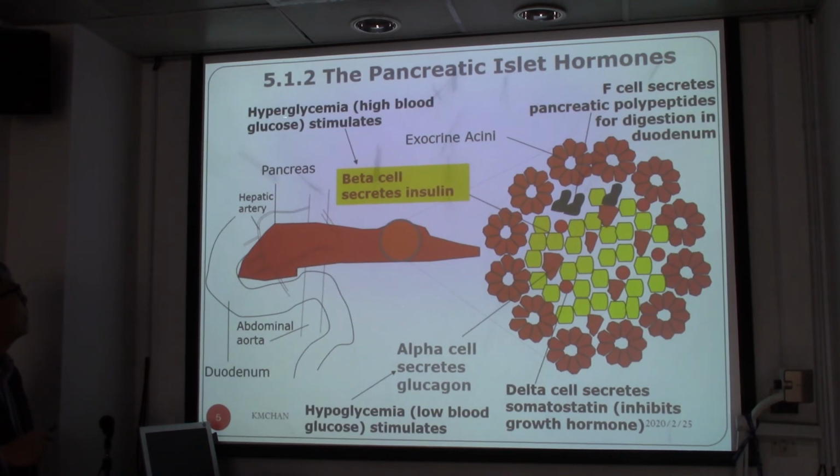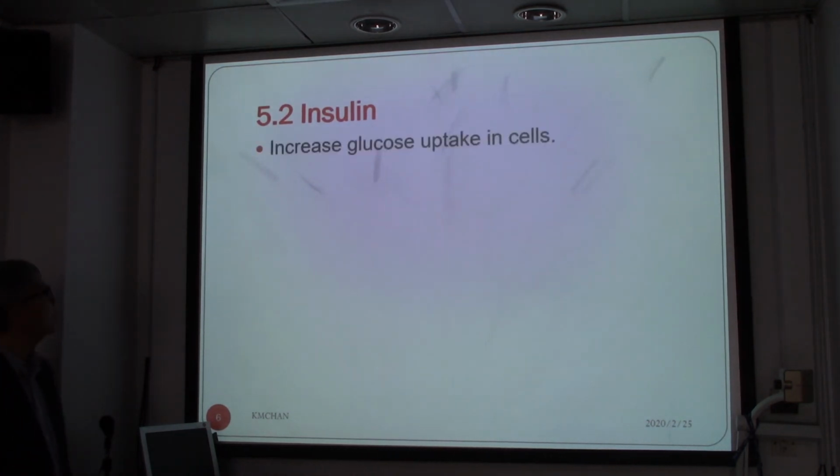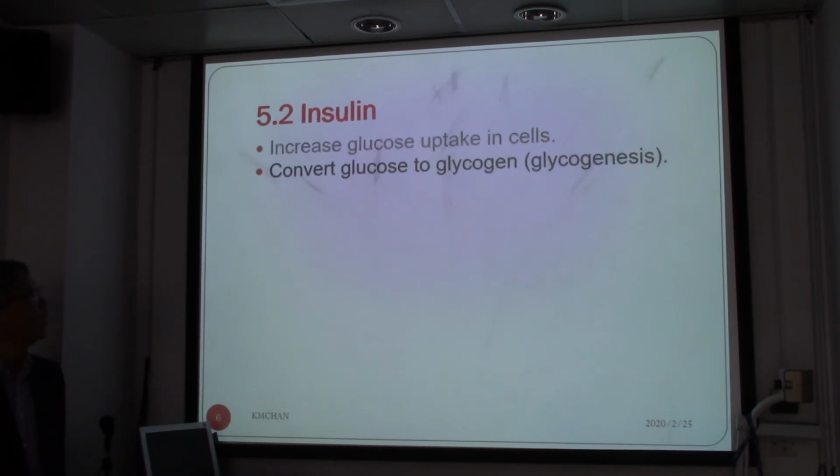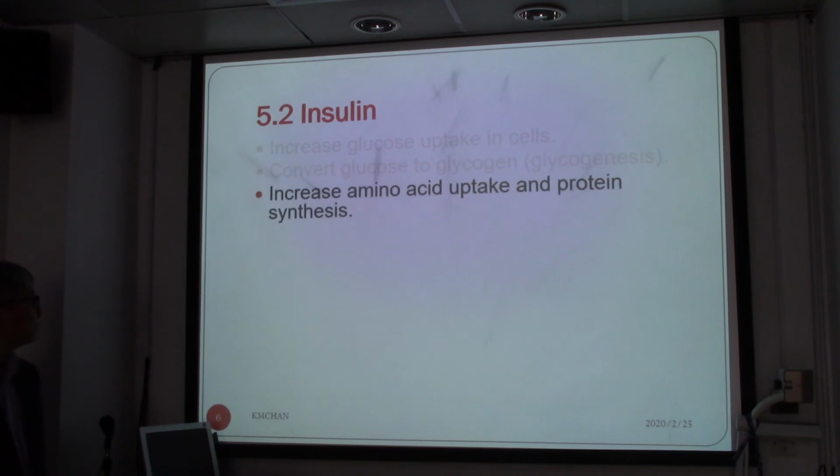Okay, so hyperglycemia, high blood glucose, will stimulate beta cells to secrete insulin. So what is insulin? What does it do? It increases glucose uptake in all cells. It converts glucose to glycogen, we call this glycogenesis.